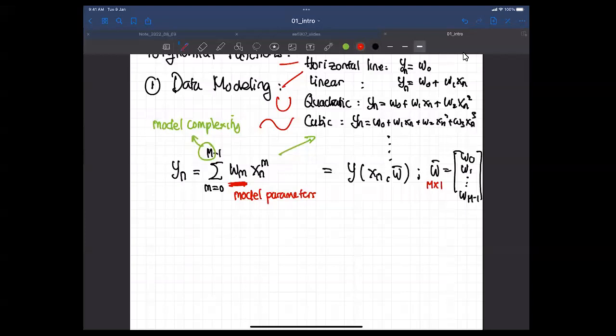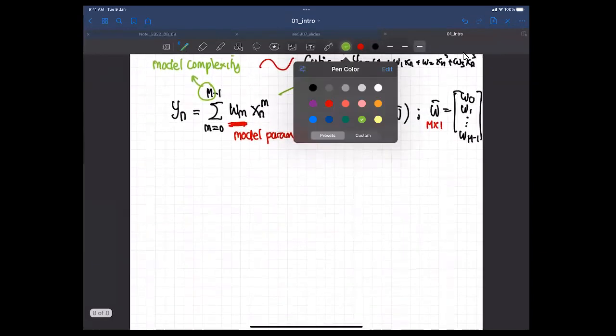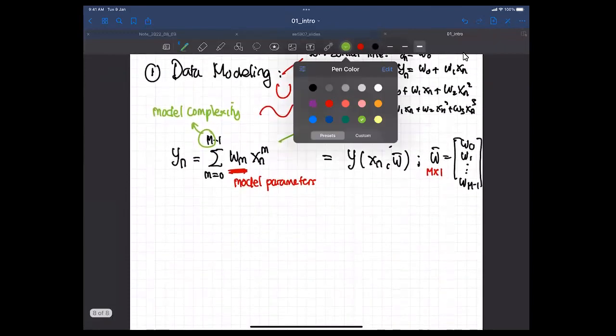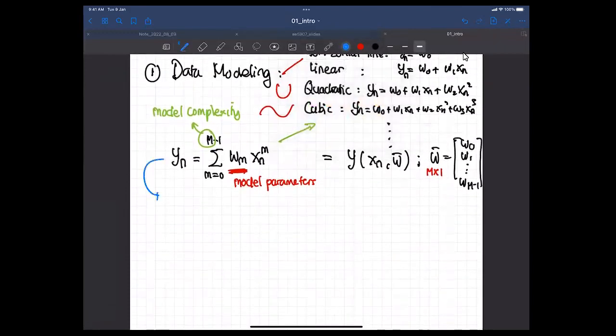Now, this one is one data modeling. So this one is called one data modeling, because it's only xn and yn. So this one is x and y. Forget what it is. That's one data. If you imagine this in the space, it's only that one.